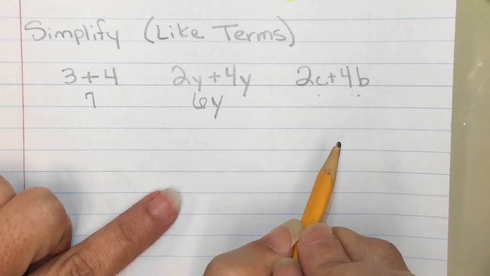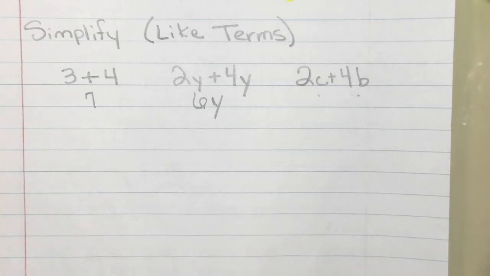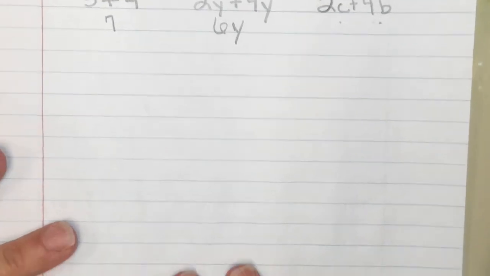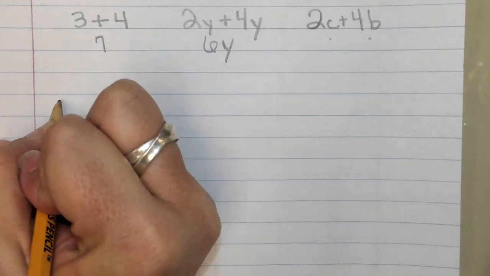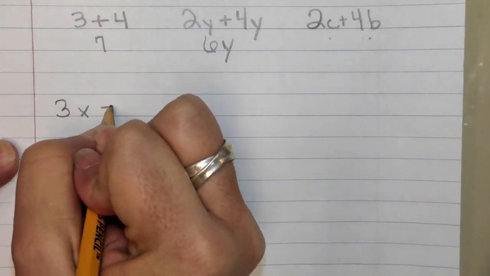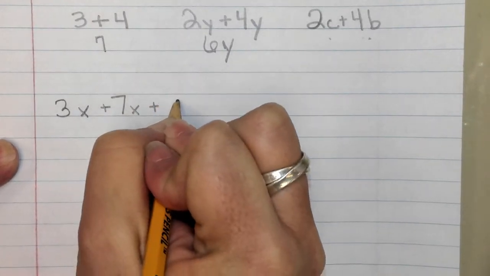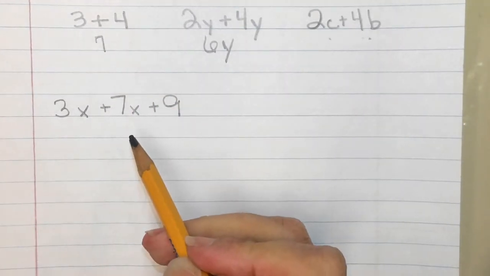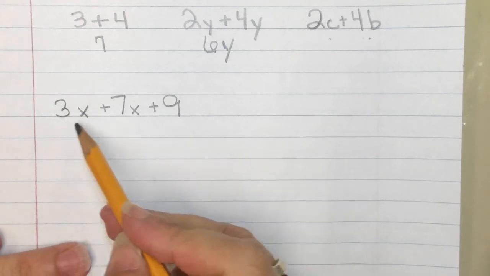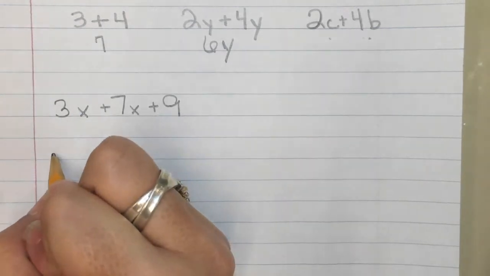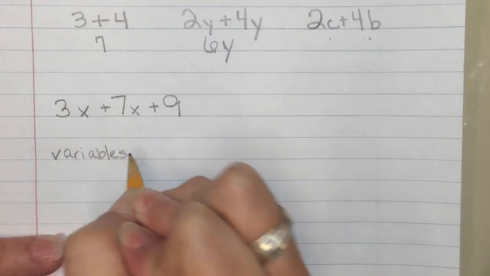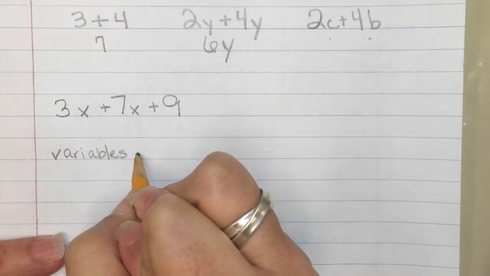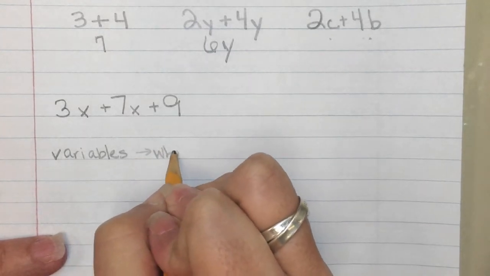Okay, so what we're going to do now is learn to clean up or simplify expressions. The first thing that we need to talk about is something new. When we talk expressions, we need you to try to get all the variables in the front and then whole numbers in the back.